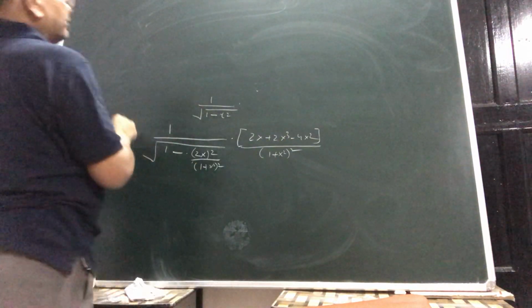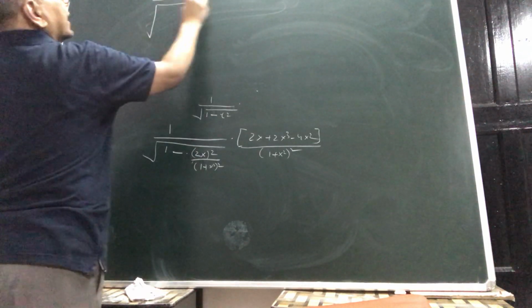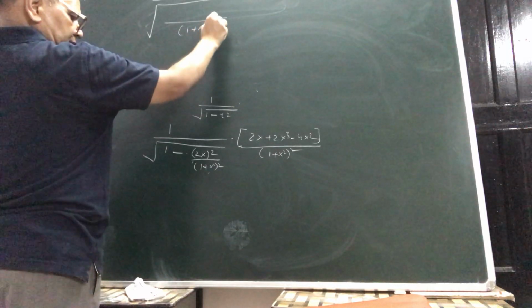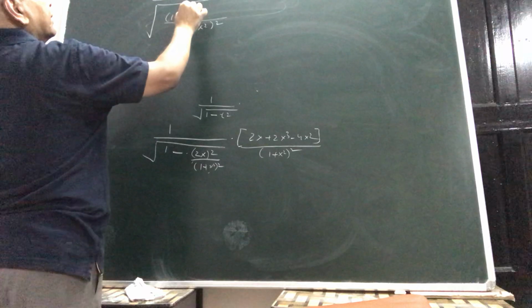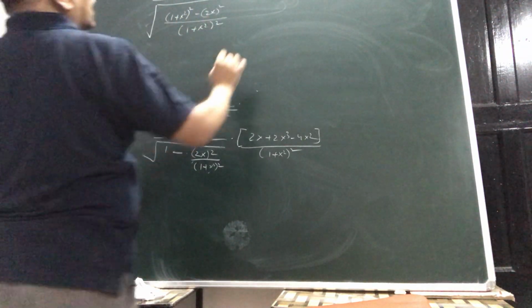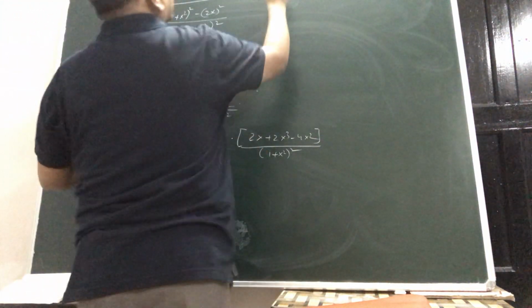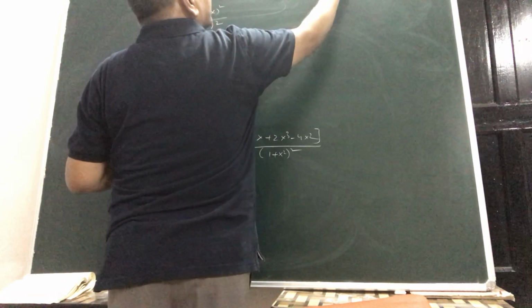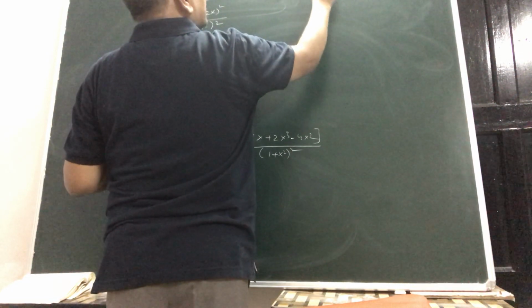So what it will give me is 1 upon within square root, the LCM: 1 plus x square whole square minus 2x whole square, into this whole lot. This in fact is this thing only. I shouldn't have simplified it, then I would have got my answer. But anyway, 4x square upon 1 plus x square whole square.